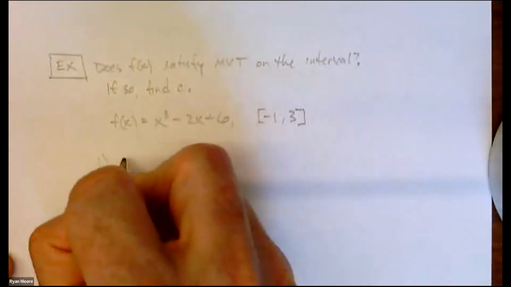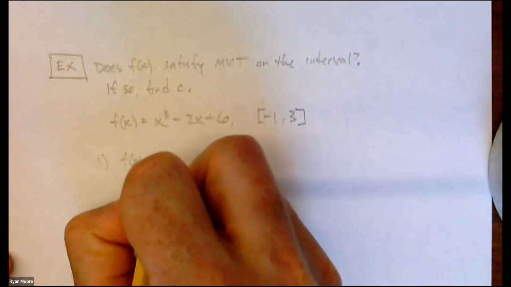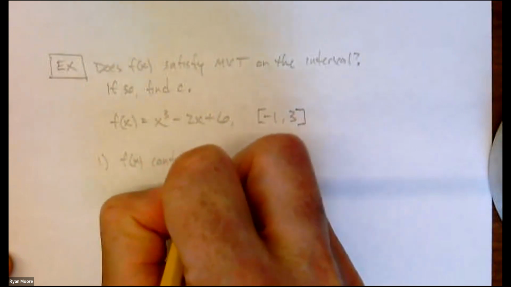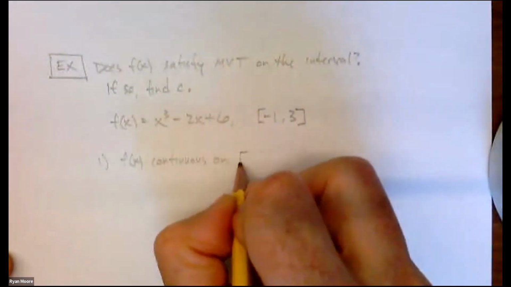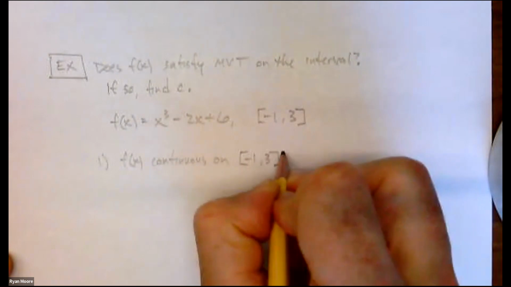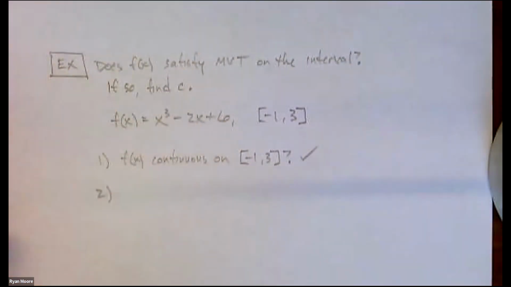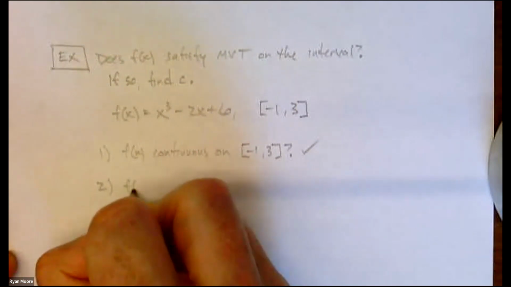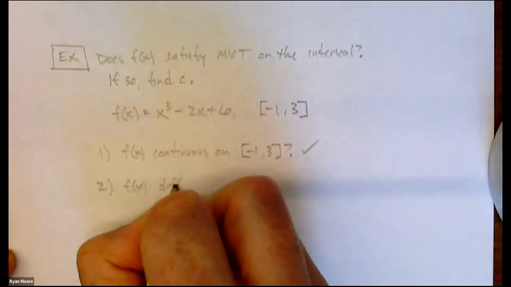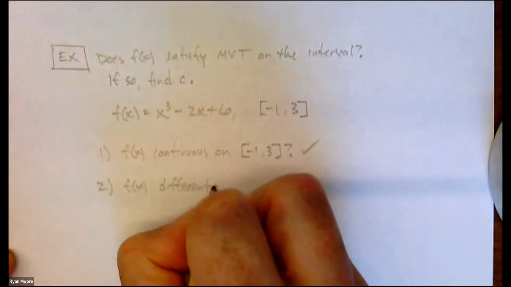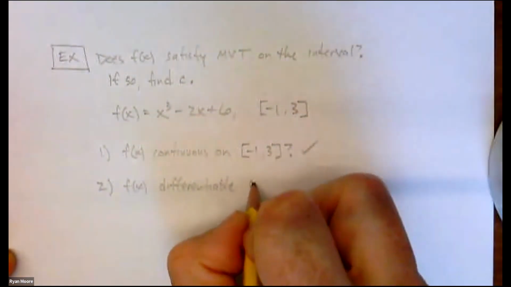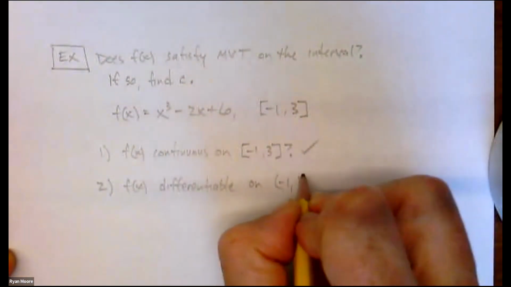Number 1, is f of x continuous on -1 to 3? Well, here we just have a polynomial again. Yep, no holes, no jumps, no vertical asymptotes. Okay, is f of x differentiable on -1 to 3?